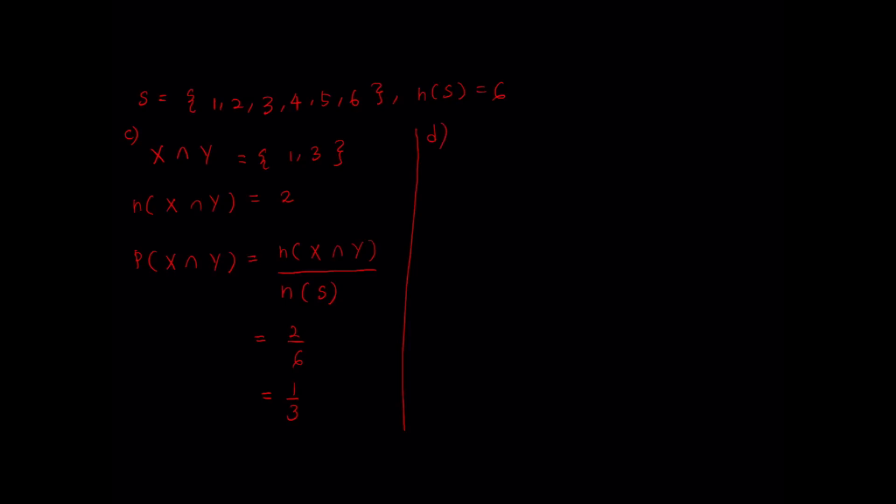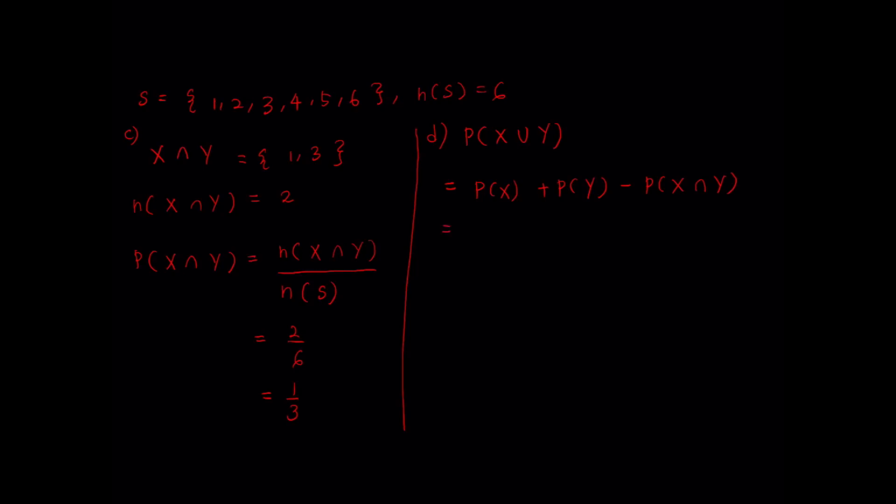For question D, we have the union of X and Y. But as we have A, B, and C previously, and all the answers, we can use the addition law of probability, which is P(X union Y) equals P(X) plus P(Y) minus P(X intercept Y).